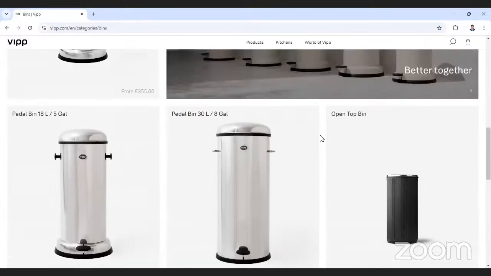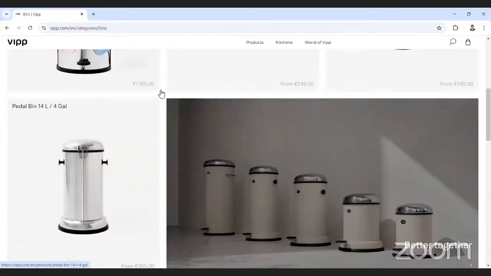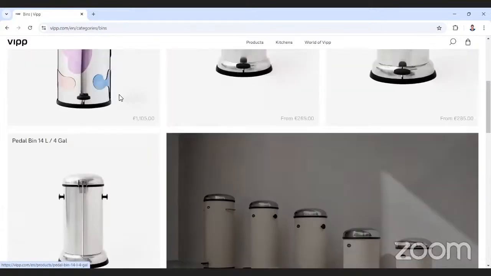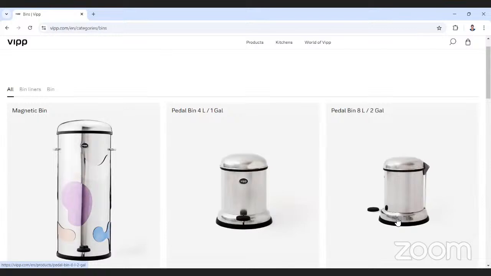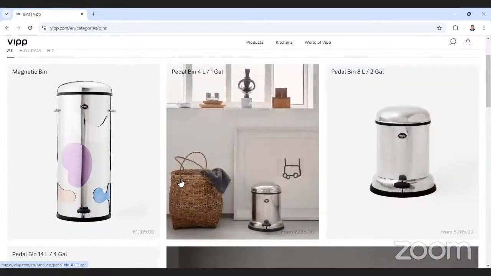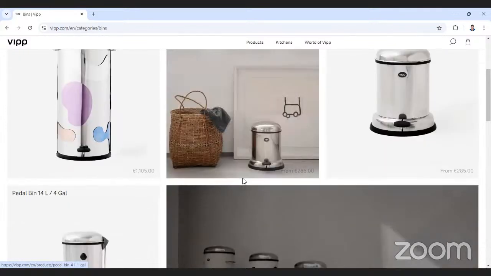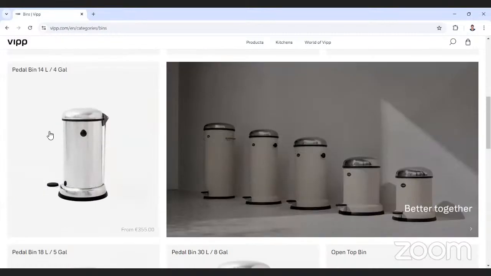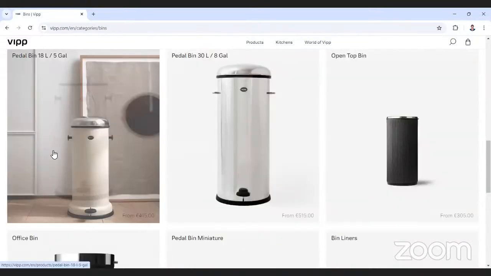They purchase them because they are part of the decoration of their houses. So the material, the finish, and you can see the photos or the images, they are not regular bins. Okay, so this is one thing.